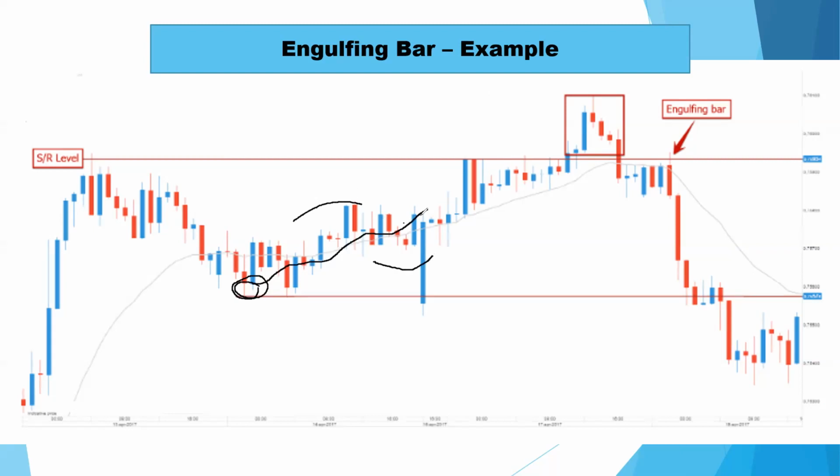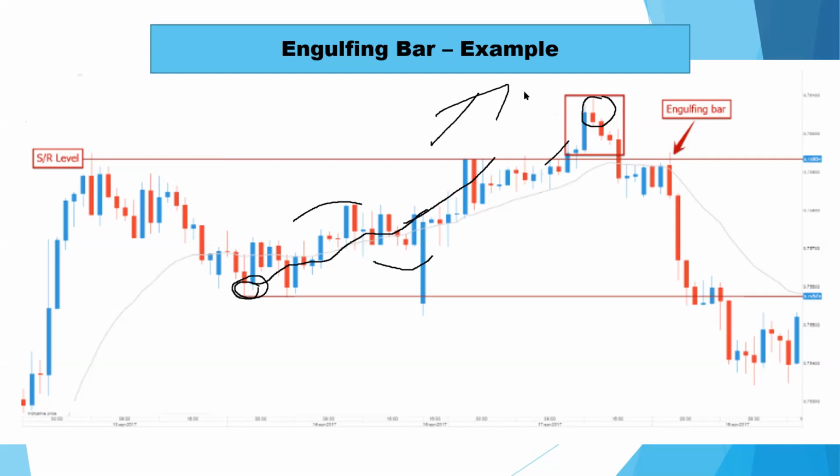You can see that price is moving in an upwards direction. It's moved upward and even overshot a support and resistance level over here. What often happens is, you see this looks like a high test bar. So price has actually started to reverse over here already. And over here, you can see an engulfing bar happens.